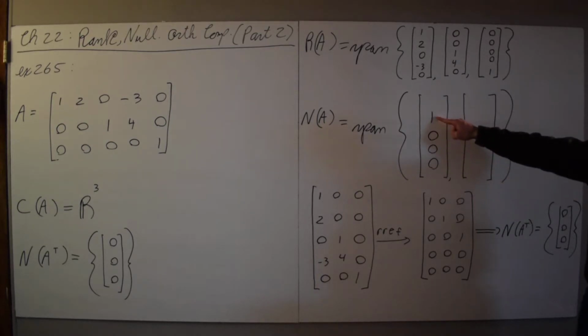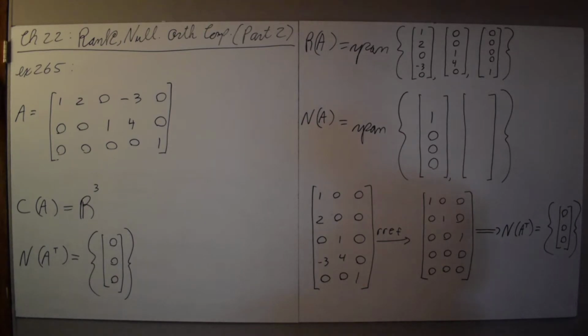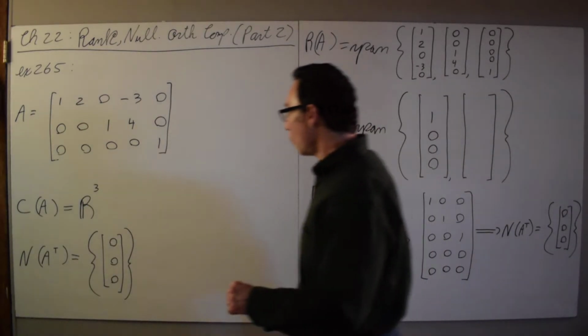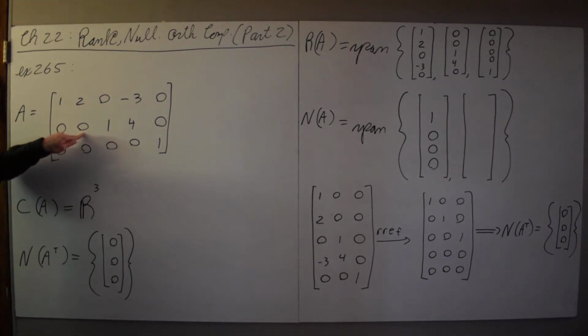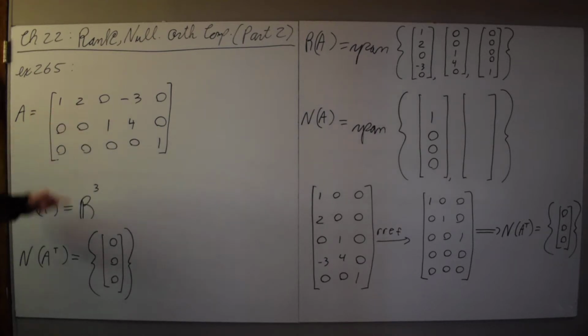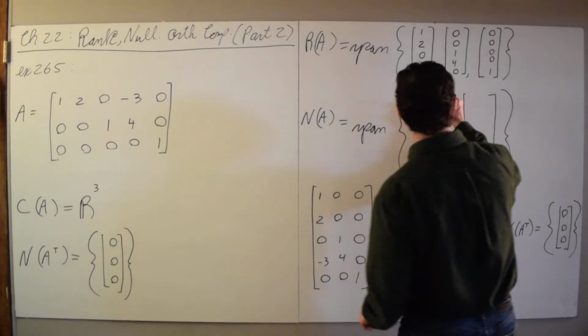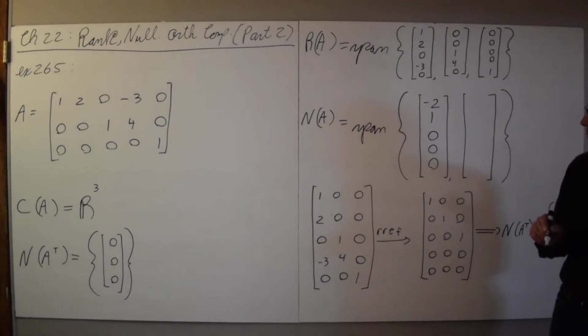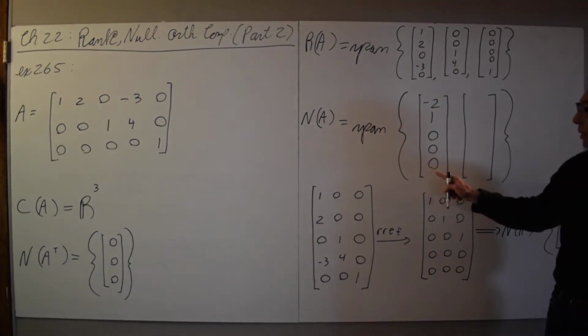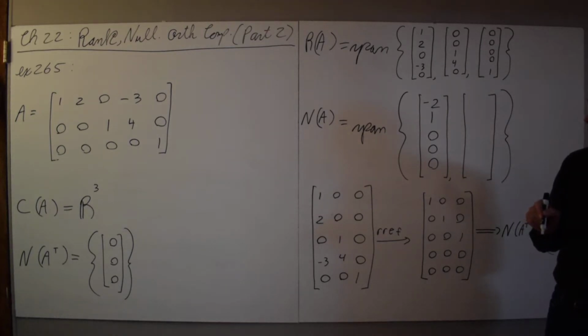So we have our second position is a 1, everything below that is a 0. Then we come over to our pivot column right here in the 2, 2 place, and we look up and we see a 2, and so we put a negative 2 in the first place. This vector is in the null space of A, and you can check that.